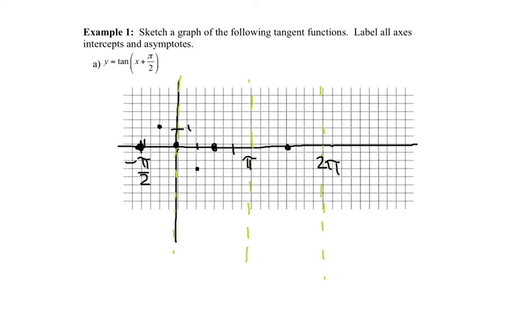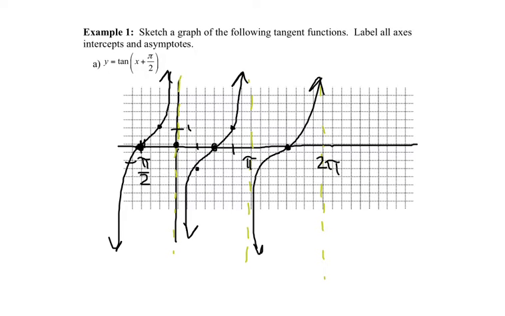I move over pi over 4. That puts me up at positive 1. Okay. Negative, up. And then there's our general graph. So we've moved tangent over by pi over 2 to the left.